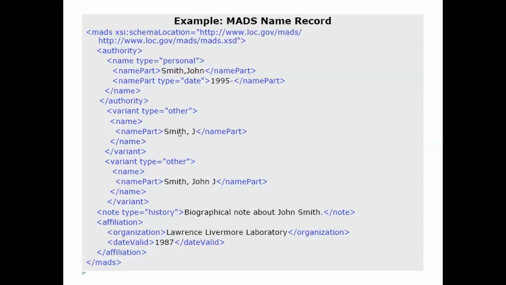But if we go back to our MADS example, we can see at the top up here, it has information about MADS. So we've told the system straight up, this is MADS. And then we actually give it a link to where the MADS is located, and then also a link to where information about the MADS data is located.